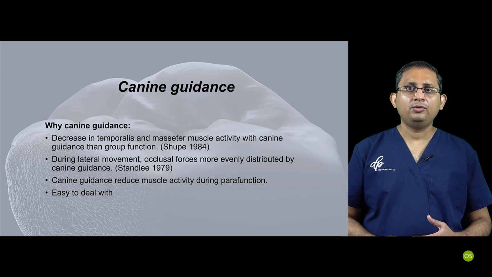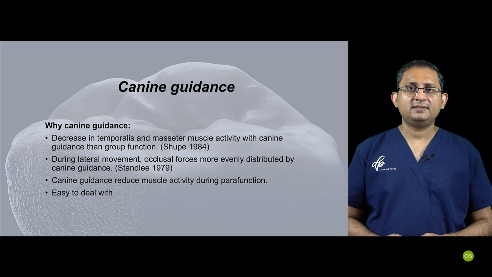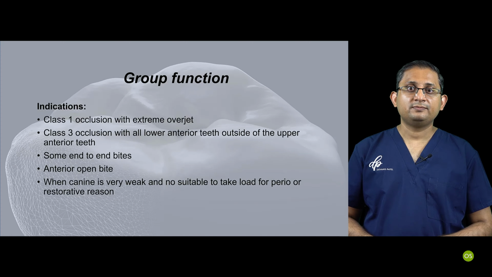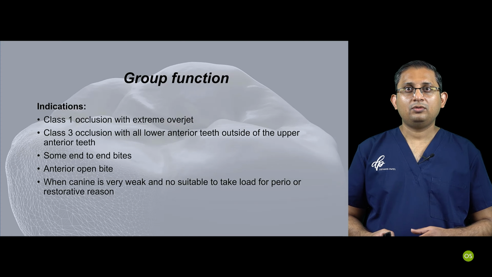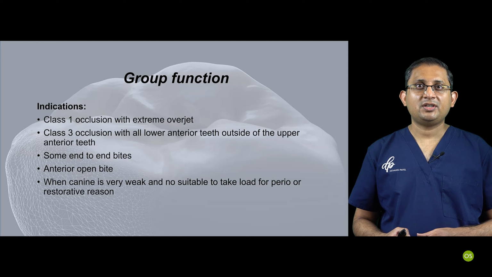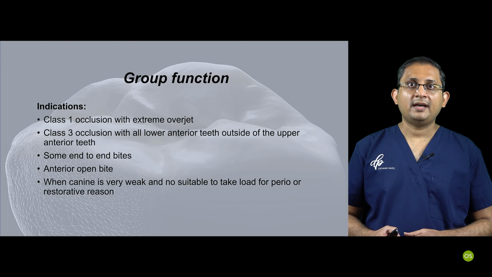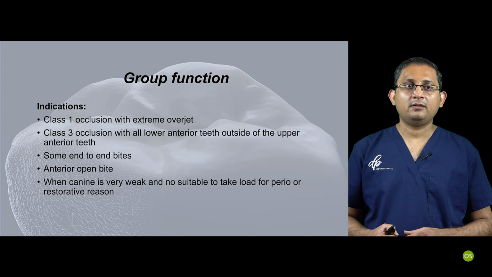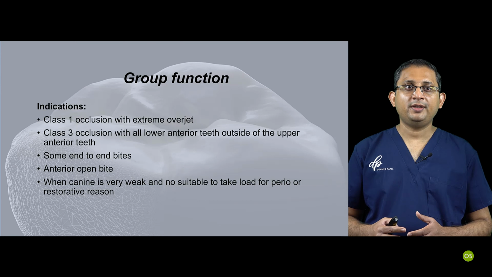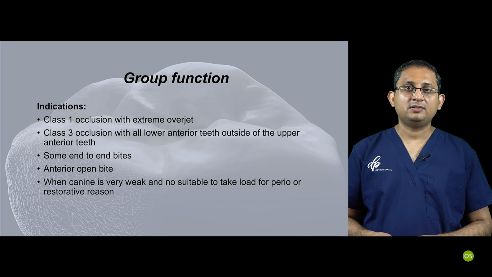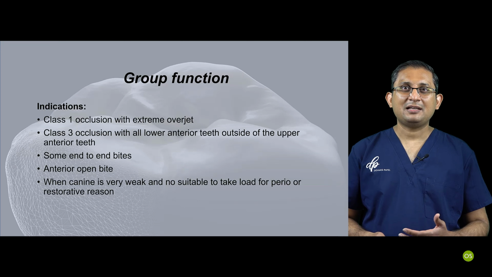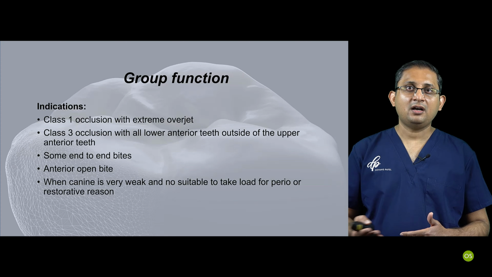In which cases would you not consider canine guidance and would consider group function? Some of the cases are those we discussed before: when a patient has class 1 occlusion with extreme overjet, where the anterior teeth are not really touching, or a class 3 occlusion where you really can't do canine guidance.